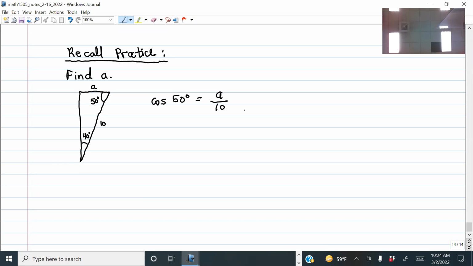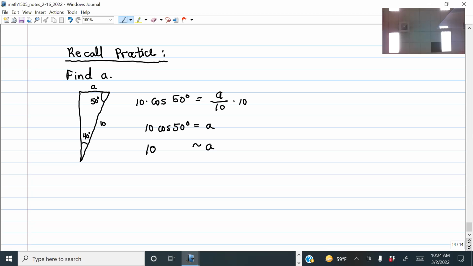And now we just have to solve this equation for A, which is easy to do. Just multiply both sides by 10. So you get 10 times the cosine of 50 degrees is what A is equal to. That's actually the exact answer for A. But normally you would want a decimal approximation, because you'd like to know how long A is. Who knows what the cosine of 50 degrees is?